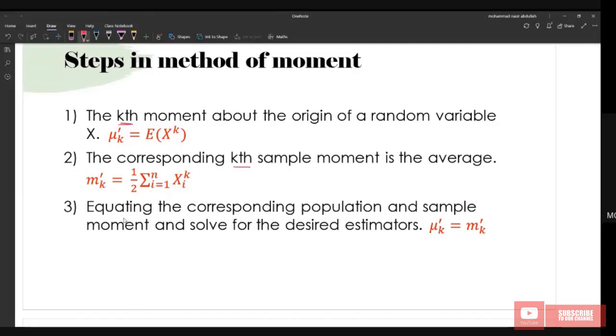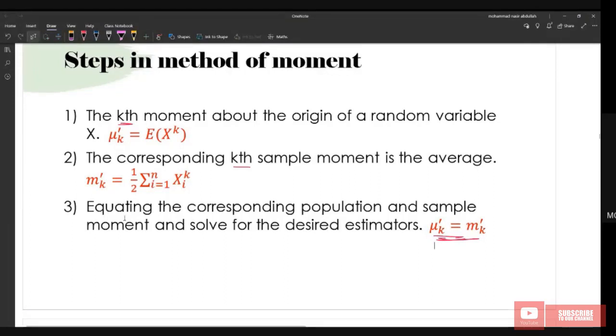It means we need to find the moment of the mean, m prime k. And then the third step is we equate the corresponding population and sample moments and solve for the desired estimator. So we need to equate these two moments, right?